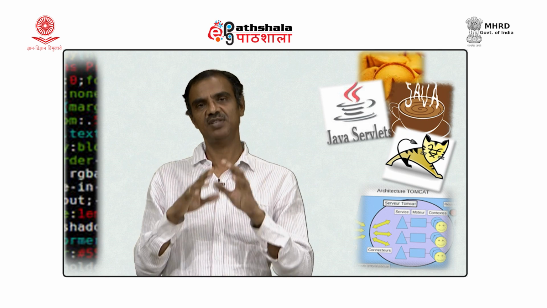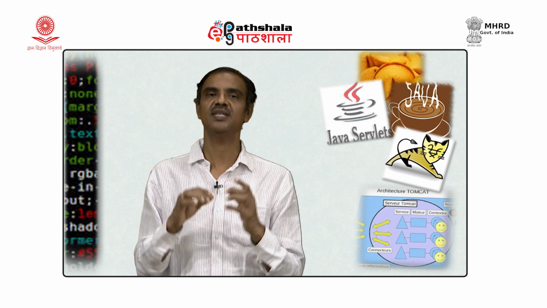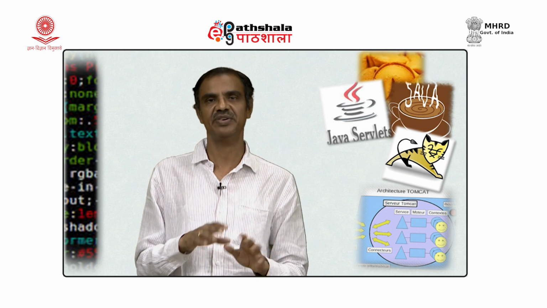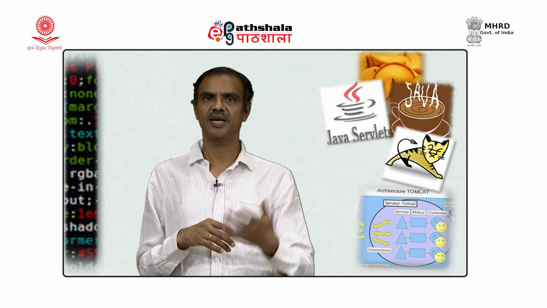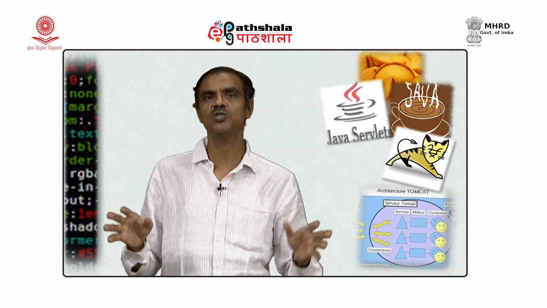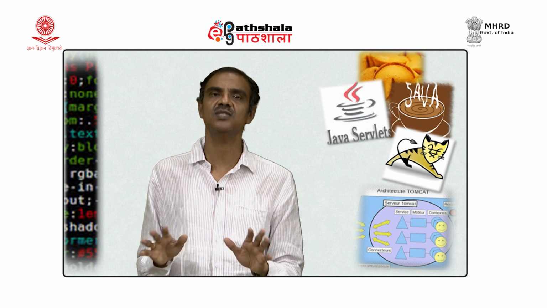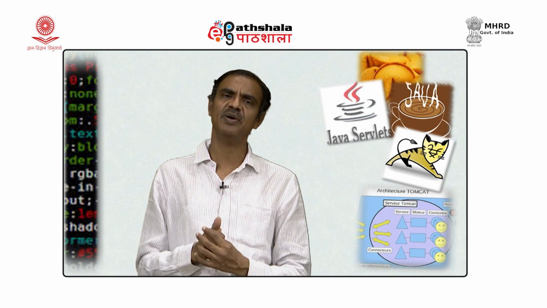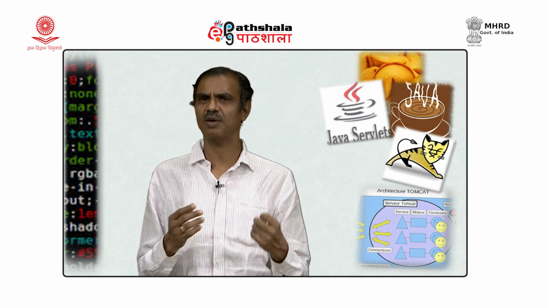So, we have these two important tools: keytool and jarsigner. Jarsigner is for verification; keytool is for generating key pairs and managing a keystore. It has various kinds of commands.